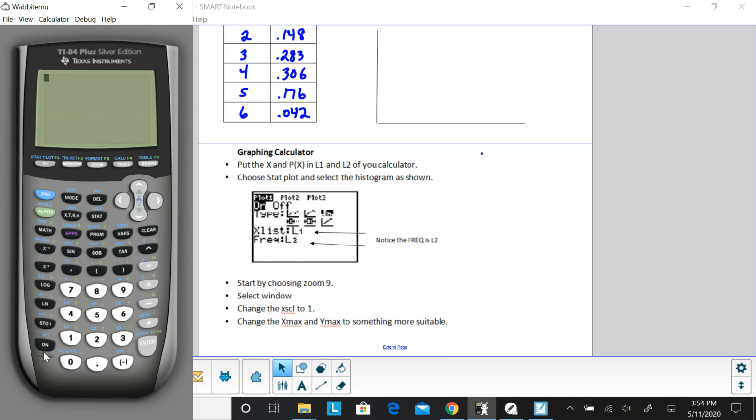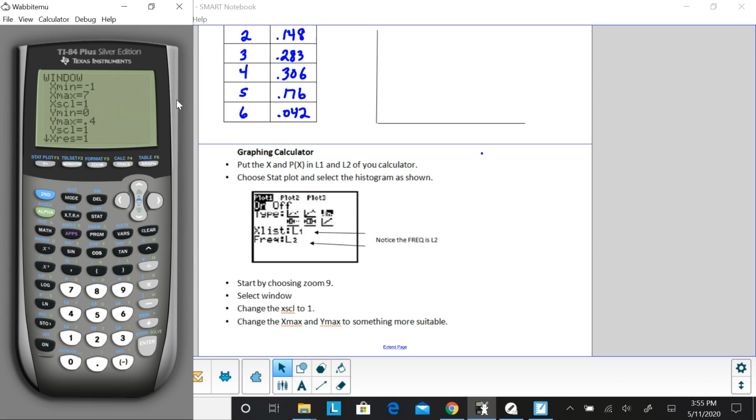So I'll go through it with you as well. So we want to make sure it's on. Second Y equals, go to your plots. I need to go down and select my histogram. I need to make sure my X list is list 1, my frequency is list 2.